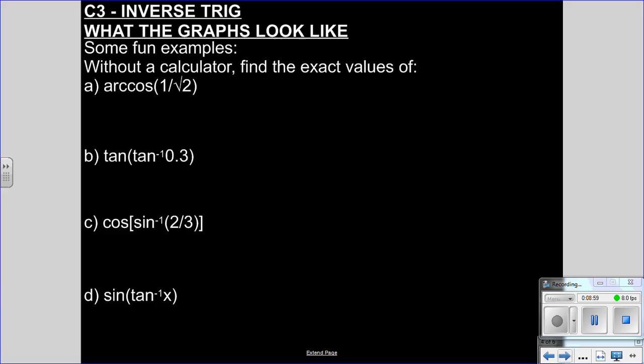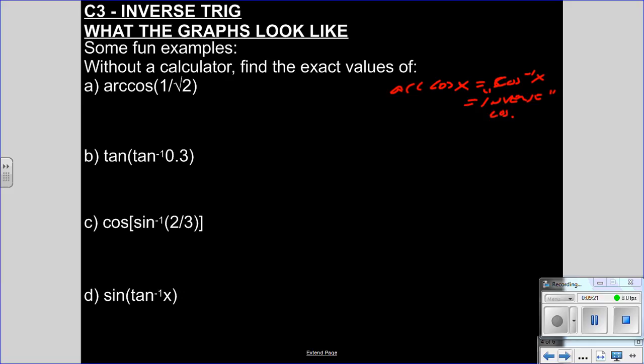So they're the graphs. How do we actually use this stuff in questions? And these questions are pretty fun, I think. Remember what arc cos means. Arc cos means cos to the minus 1 of x, doesn't it? So inverse cos. And remember what cos does.